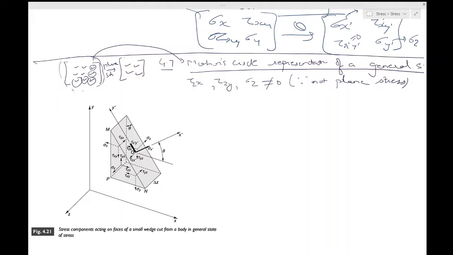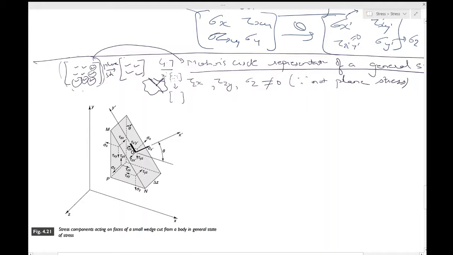So you now have a 3D situation in which at a particular point you have the 3 by 3 system defined, and you want to now find what this will be if you rotate the existing coordinate system.